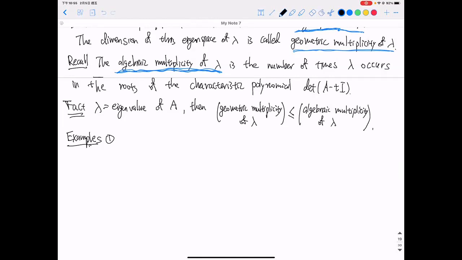So first example, let's say A is the matrix with rows 1, 0, -2; 1, 3, 1; 1, 3, 1. We have to compute the characteristic polynomial in order to find the eigenvalues.